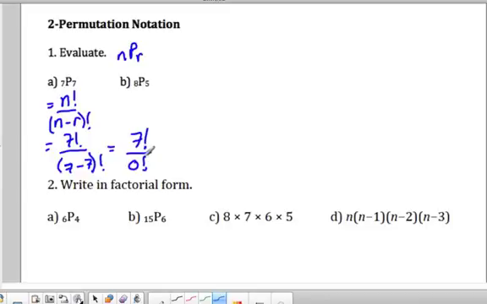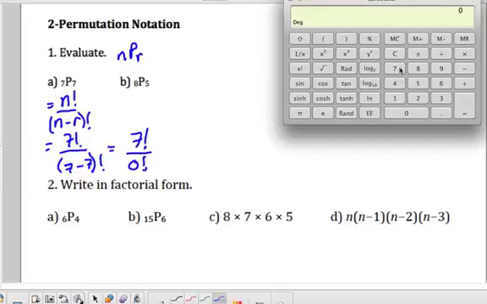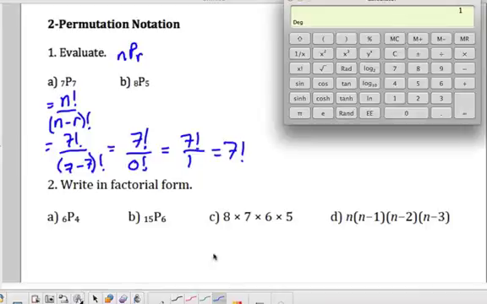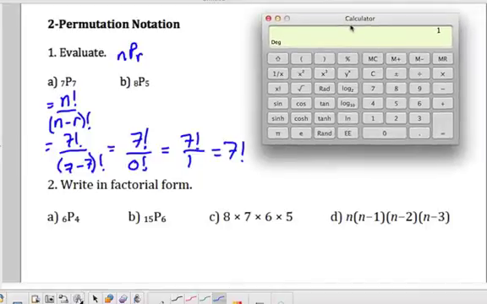And 0 factorial is just 1. So this is really 7 factorial divided by 1, which is 7 factorial. And if we're asked to calculate this, if we go to our calculator, it is 5,040.